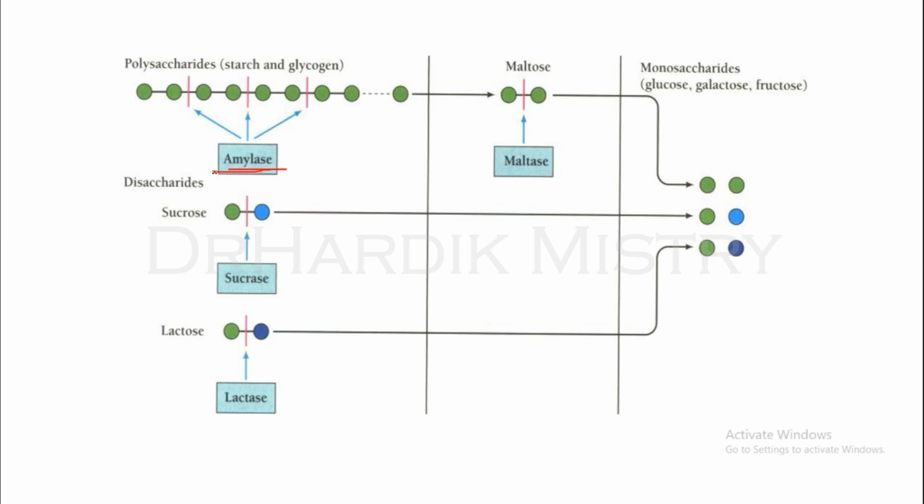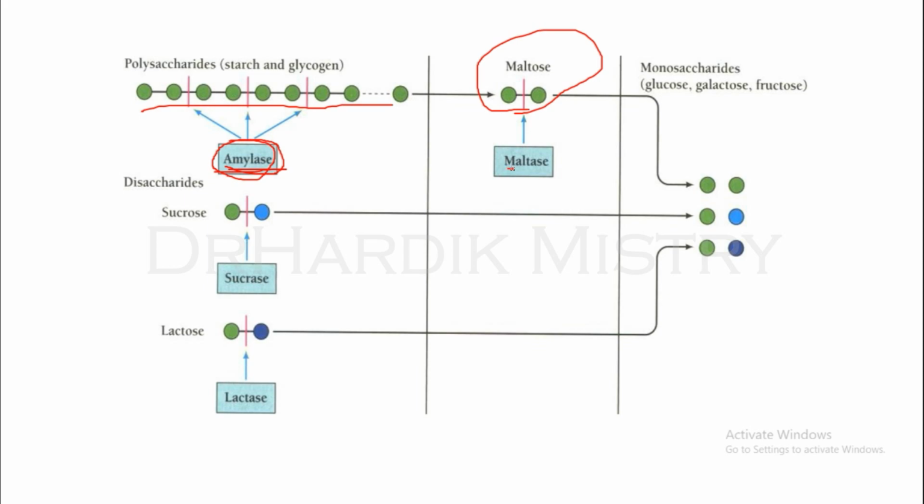We have different types of amylase enzymes. First is salivary amylase, and second is pancreatic amylase. So these are the polysaccharides, starch and glycogen. Whenever these amylase enzymes act on starch and glycogen, they convert polysaccharides into the disaccharide known as maltose.